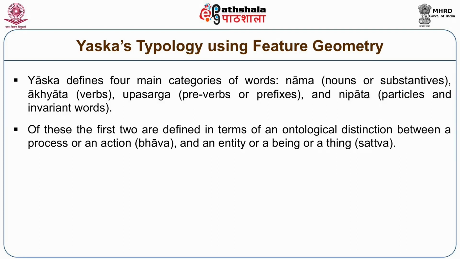Remember that the distinction between nouns and verbs is based on an ontological distinction, right? Where a verb in this conception is one in which the notion of an event or a process is predominant, whereas a noun is one in which being an entity or being in a state is predominant.